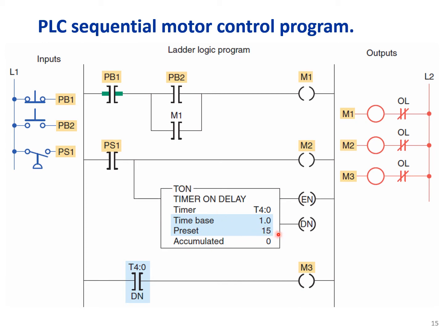The done bit or the Q bit of the timer will be true after 15 seconds, and motor 3 will be energized after 15 seconds of this pressure sensor going on.